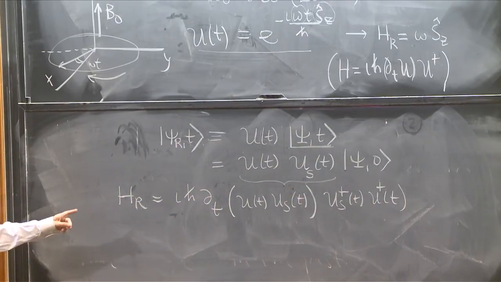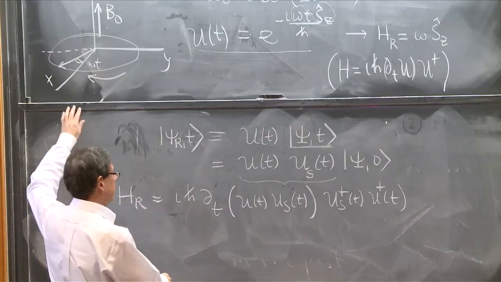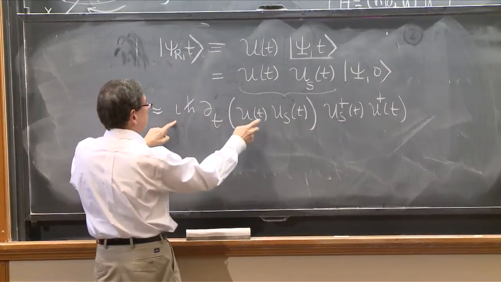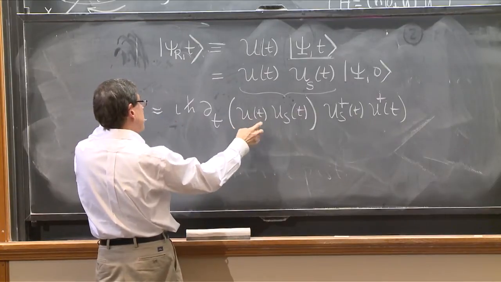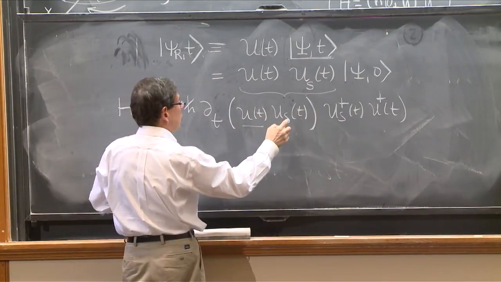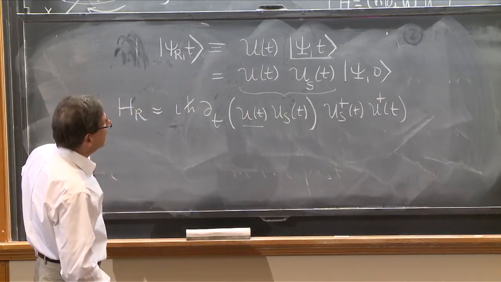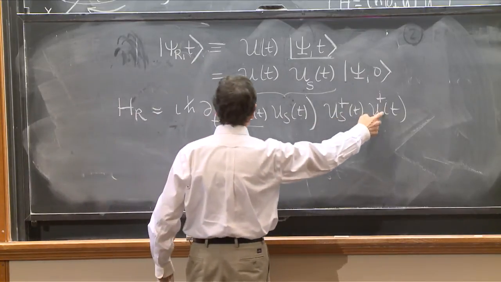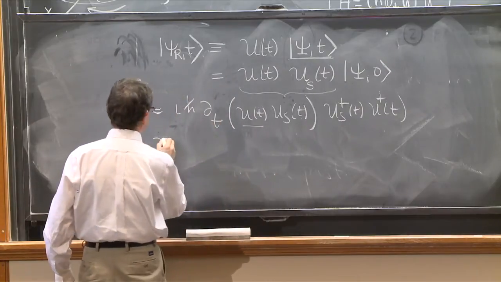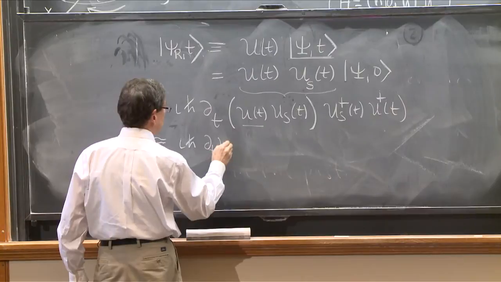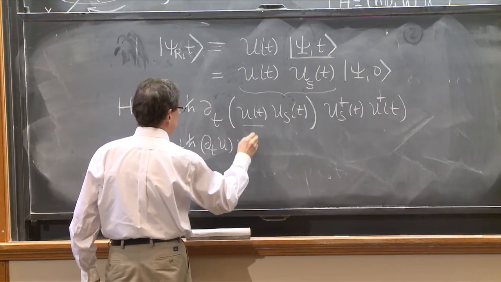Now we have to evaluate these derivatives. It's not all that bad. If the time derivative hits the U, this one, then U and U dagger annihilate each other. So you're left with U dagger of t here. So you get i h bar dt U dagger.